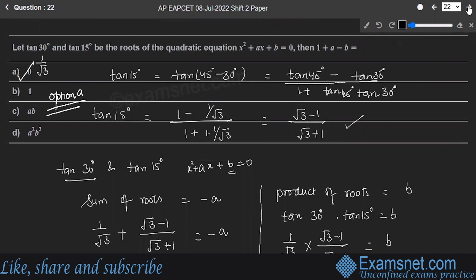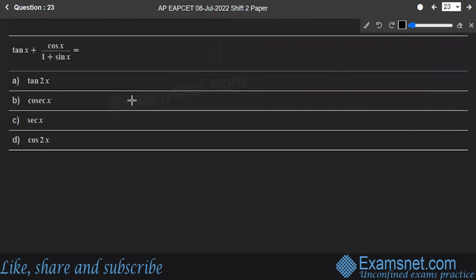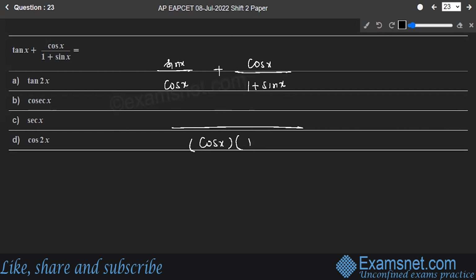Hope you're clear. Let's move to the next question, number 23. Now again a trigonometry problem. Tangent of x plus cos of x divided by 1 plus sine x is equal to what? Now this tangent x can simply be written as sine upon cos plus cos x upon 1 plus sine x. Let's take the LCM. So you will have cos x into 1 plus sine x.